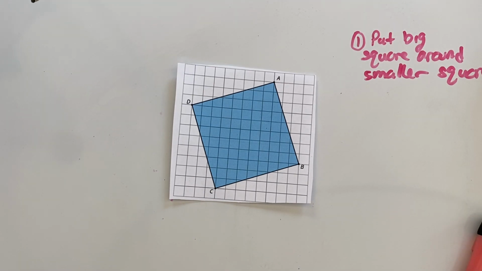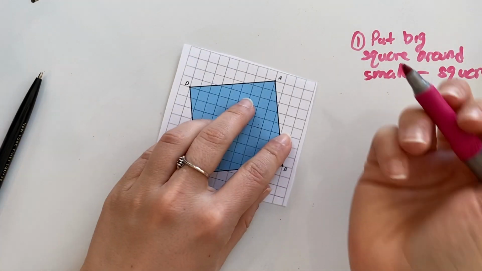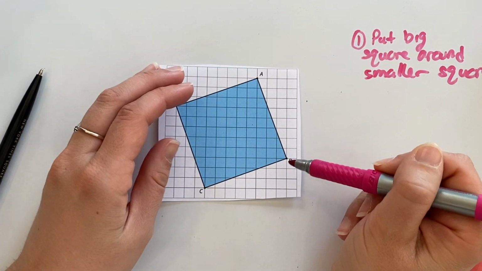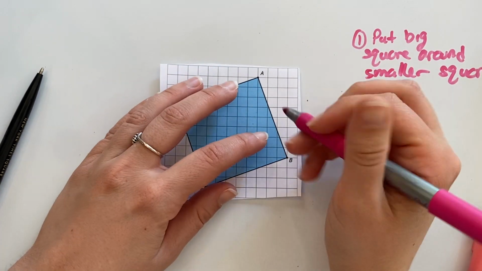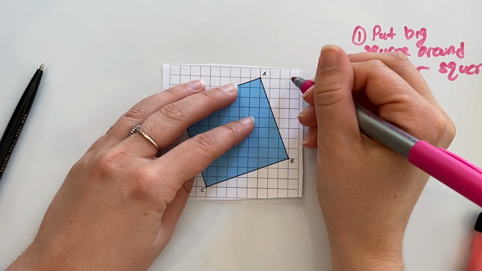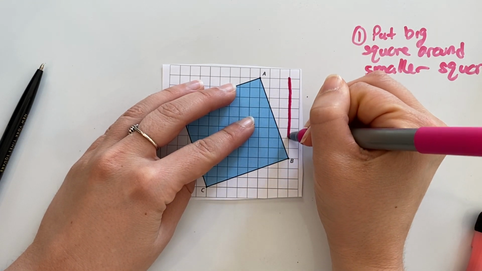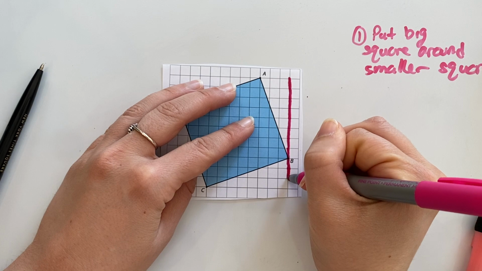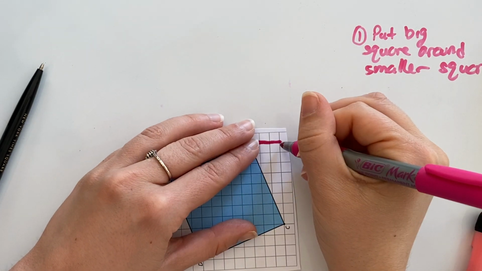So I'm going to take my pink marker and I'm going to draw. You have to make sure that your square goes through the points. So I'm just going to draw this. I know it goes down to there.